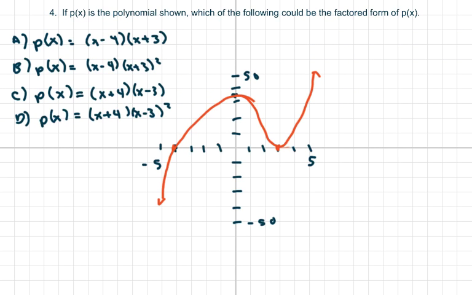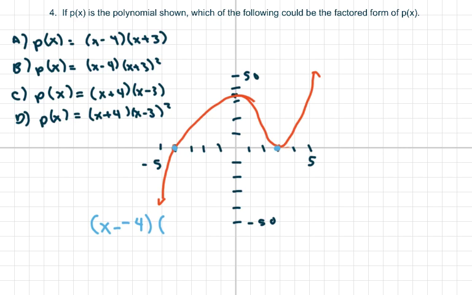Alright, the next one, we have a polynomial, which could be in factored form. What we're looking at is our zeros here. There's a 0 at negative 4, so that would be x minus a negative 4. It also touches here. When it touches, that means there's an even multiplicity.